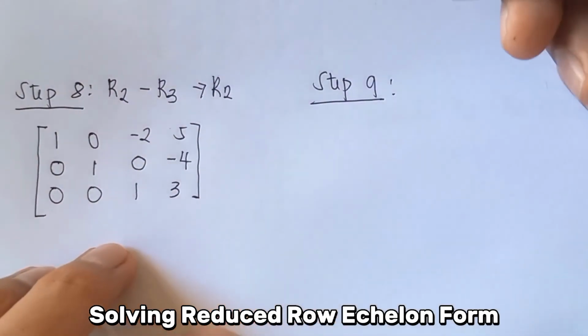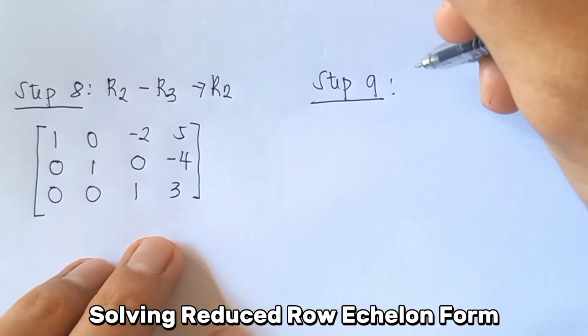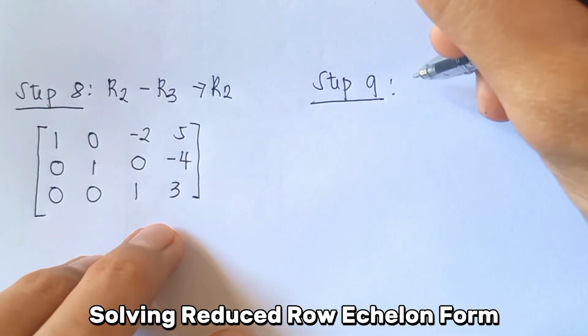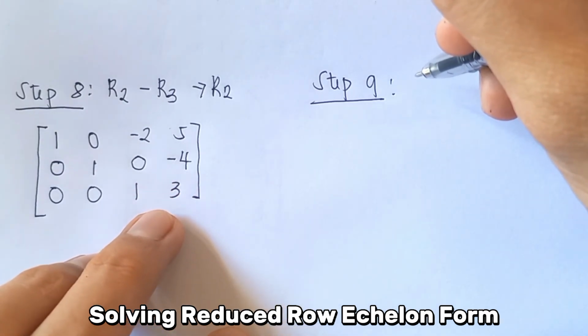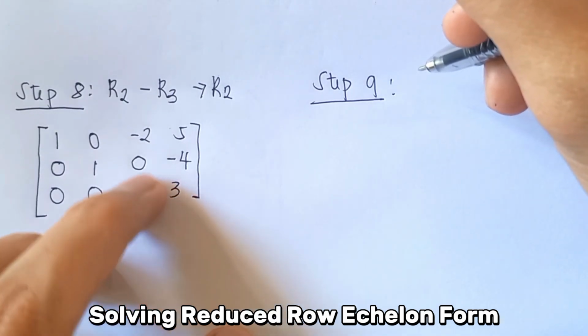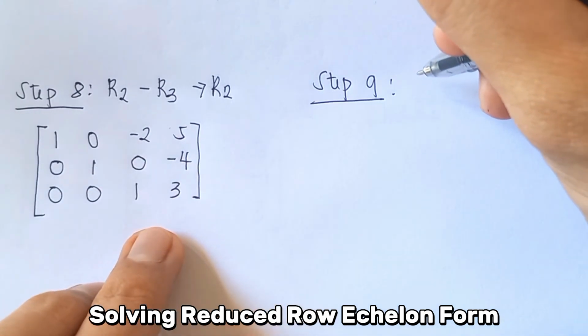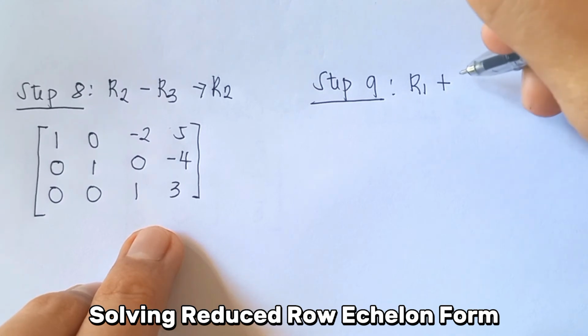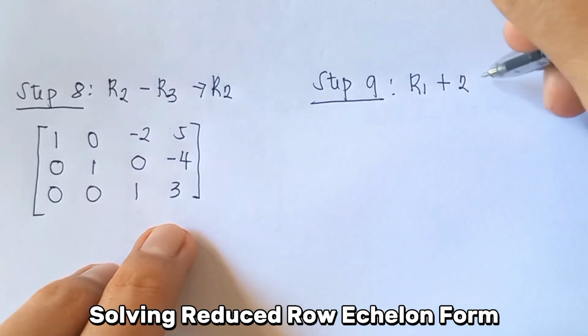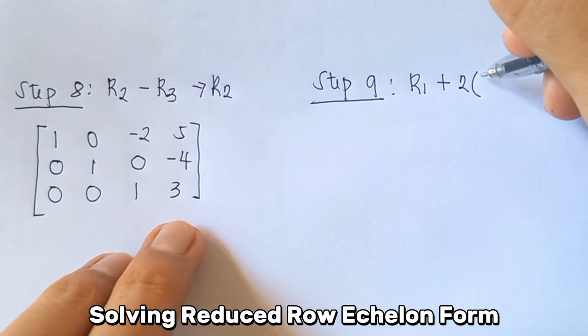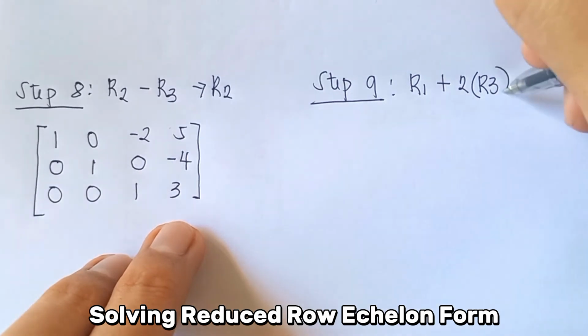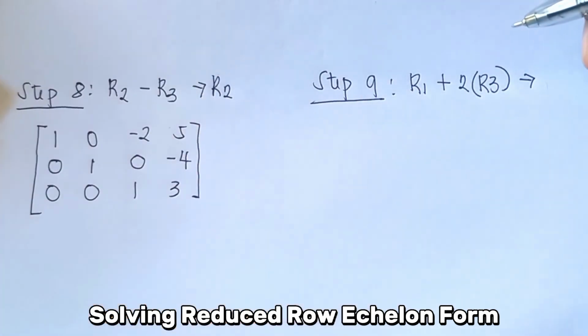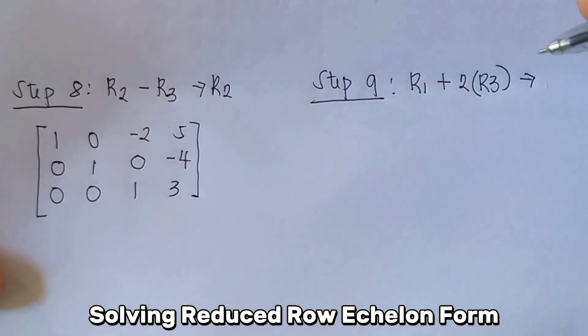Now for step 9, we're just going to add row 1 to row 3 so that it will become a 0. So row 1 plus 2 times row 3, this will give our new row 1.